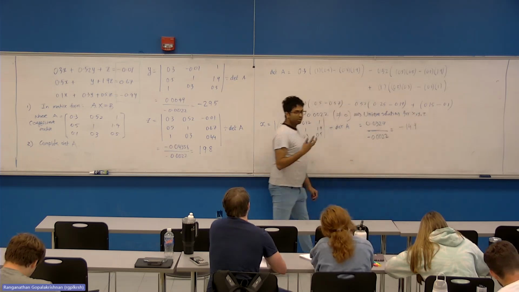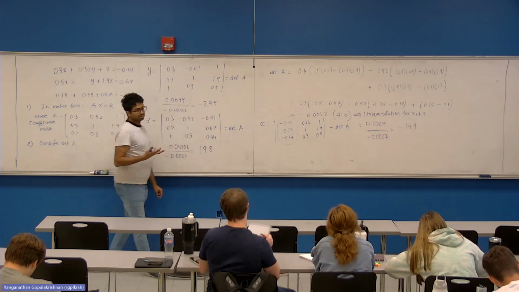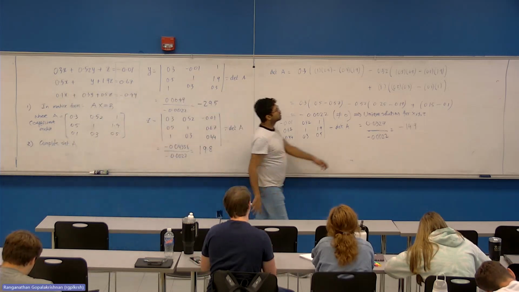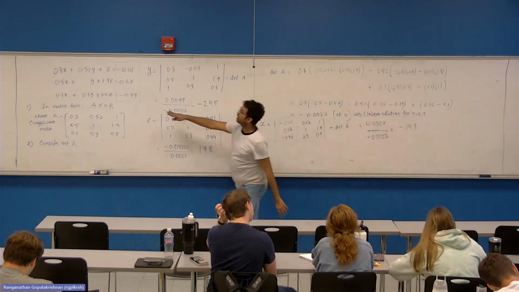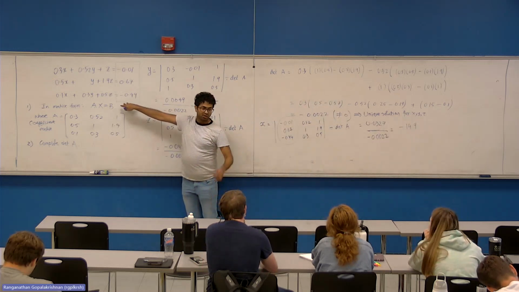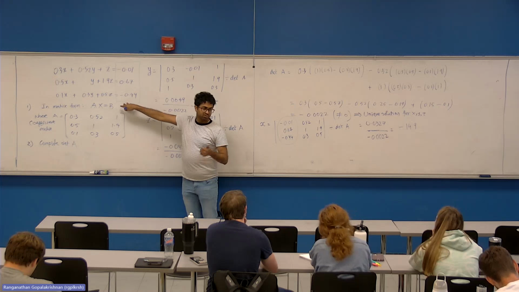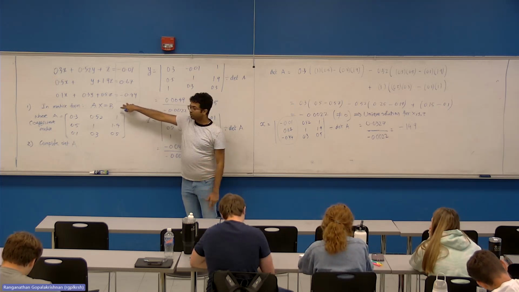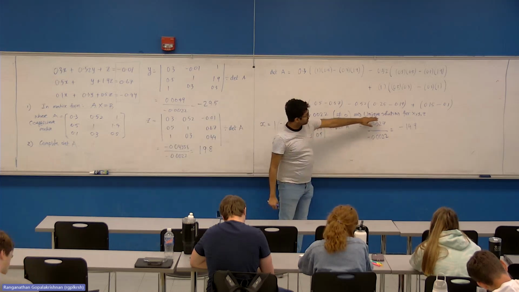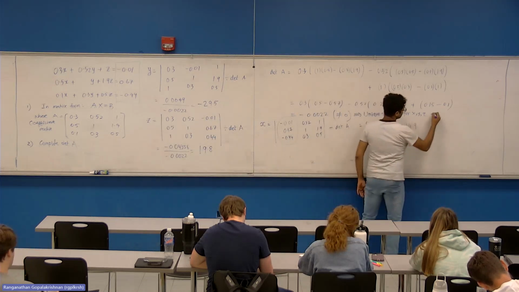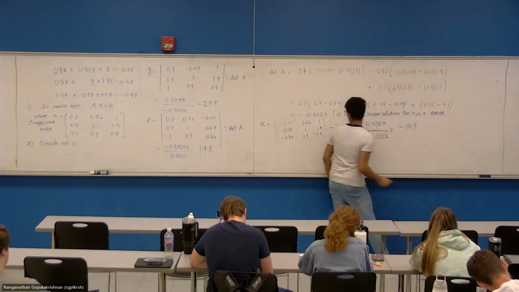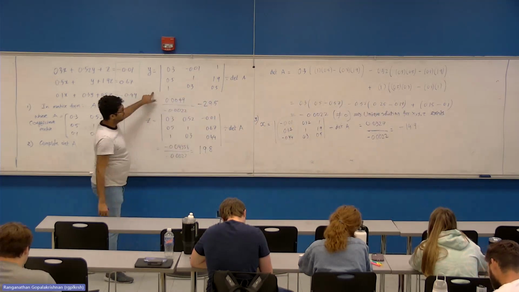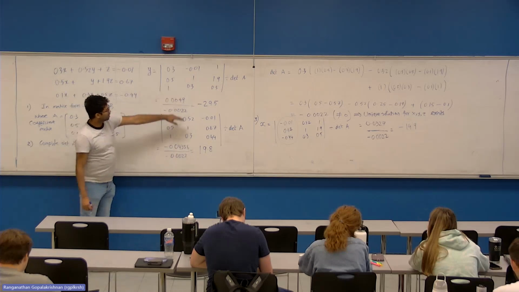What do I mean by unique solution? I mean there is exactly one combination of x, y, and z which will satisfy this equation. You can either have a unique combination, no solution, or an infinite number of solutions. If this determinant is non-zero, a unique solution for x, y, and z exists. And then the third step is just computing x, y, and z by replacing the first, second, and third columns.